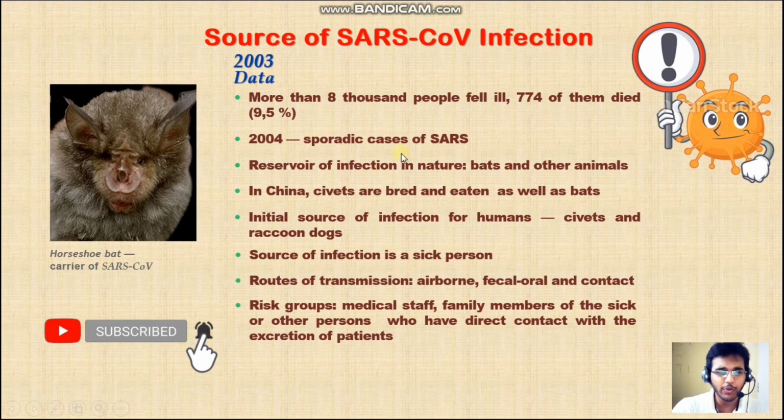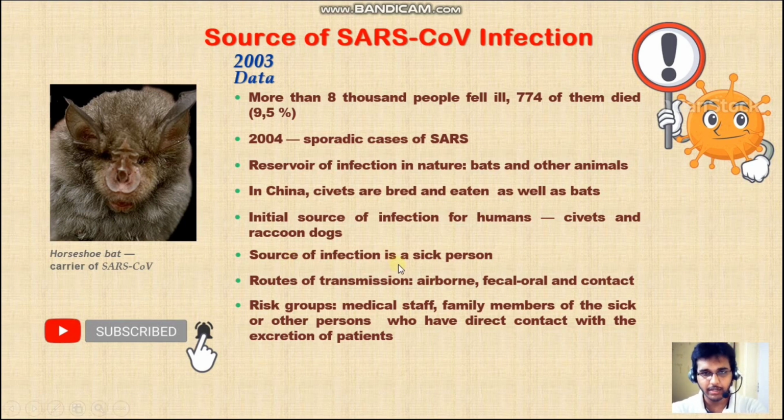It was scattered in a few areas and controlled. The reservoir of this infection in nature was bats and other animals. Since Chinese people had the habit of breeding and eating animals like civets and bats, this paved the way for the SARS-CoV infection and also the SARS-CoV-2 infection which we are facing now.